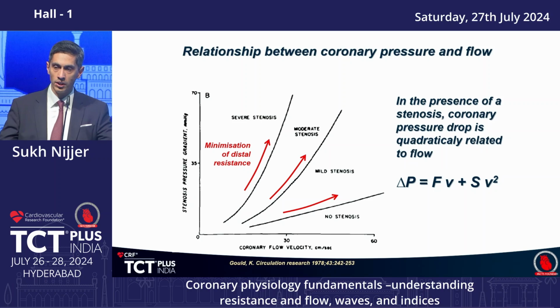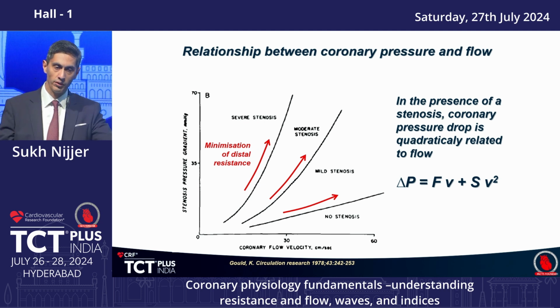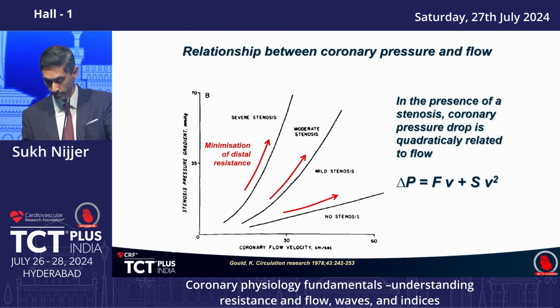So I'm going to show you these flow graphs, which are quite difficult and confusing to understand. But if you can get these into your head, you will understand everything there is to know about epicardial stenoses and coronary physiology. Pressure and flow have a quadratic equation that relates to them. We can see that as flow increases, pressure loss will be higher across a given stenosis.